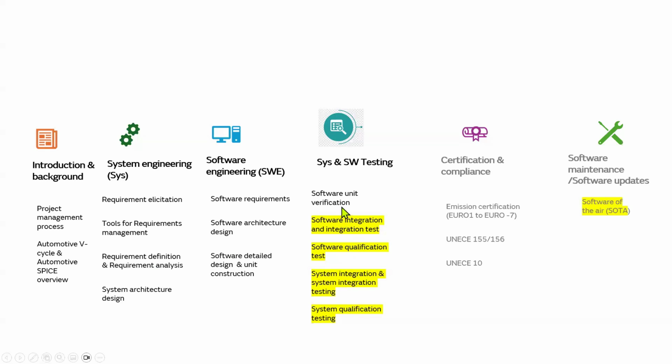So I'll move to the software unit verification. At this level, we have done the design and we have traced the requirement into the model. How do we know that this requirement is met? Basically, how do we verify that this software component meets the requirements of the software?